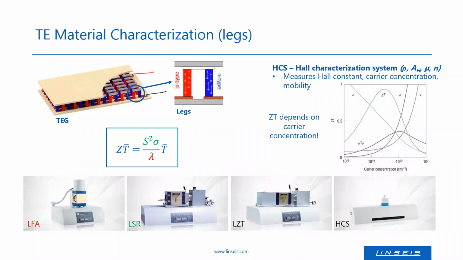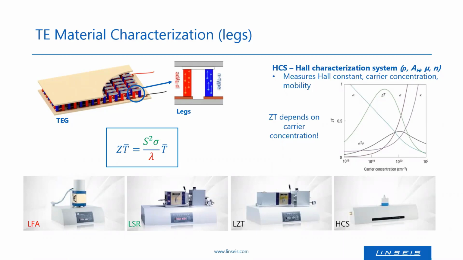And the Hall constant can be used to calculate the charge carrier density and Hall mobility. In addition, the sign of the Hall voltage indicates the type of majority charge carriers, where a negative sign indicates electrons and a positive sign indicates holes.